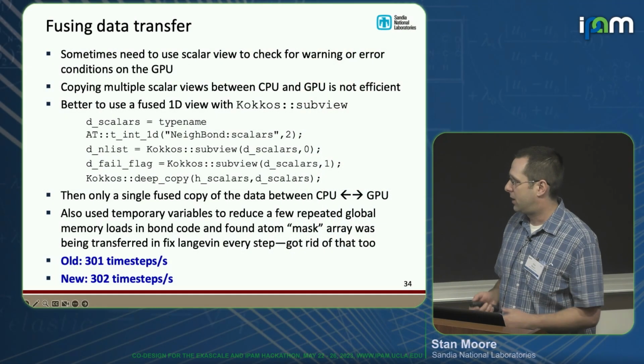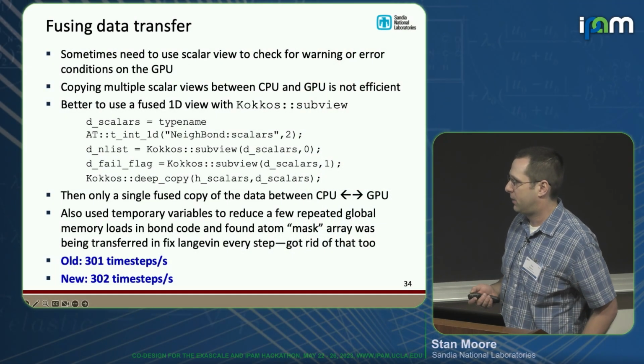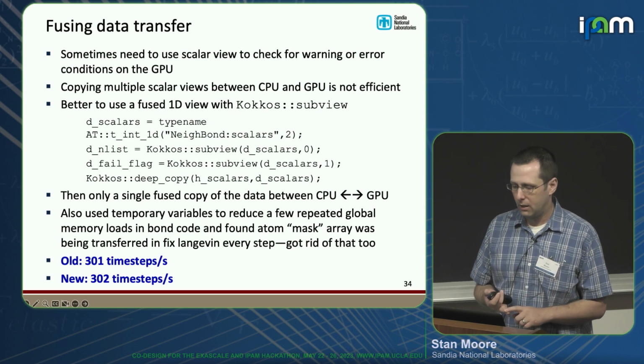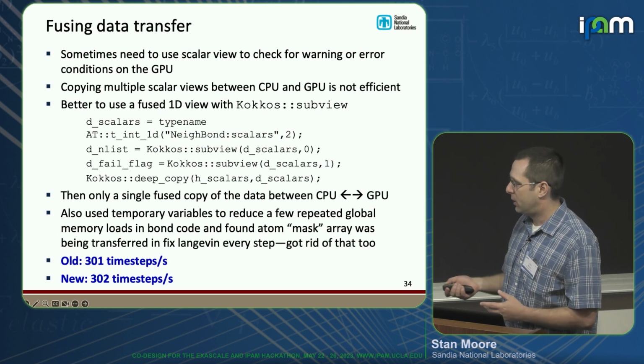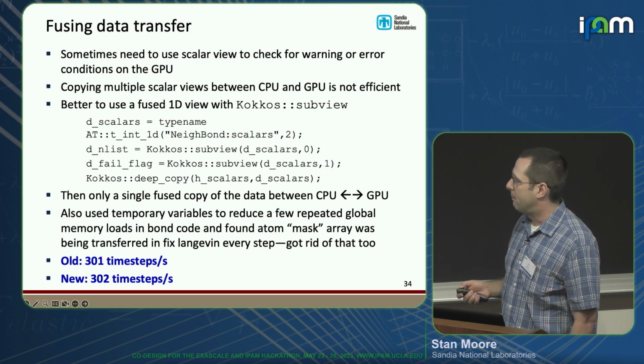Okay, so we talked about fusing kernels. You can also fuse data transfer. An example would be sometimes you have different scalar flags. If you have an error or a warning, you need to transfer that from the GPU to the CPU so that you can throw an error. If you have multiple of these scalar views, you can fuse them into a 1D array.